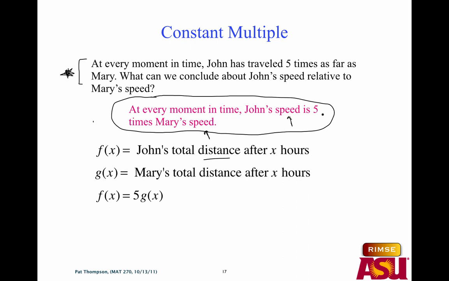So when we say this sentence in pink, we're really saying that the rate of change of John's distance, the rate of change of f of x, is 5 times the rate of change of Mary's distance. And so this sentence corresponds to what we came up with in red.